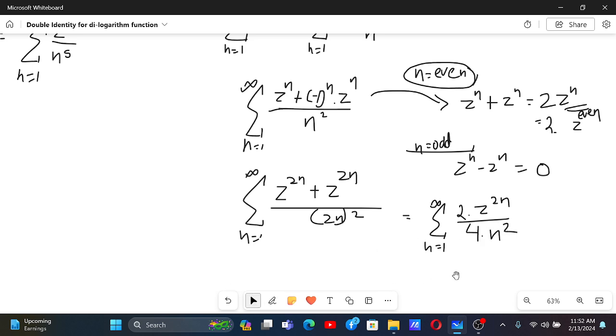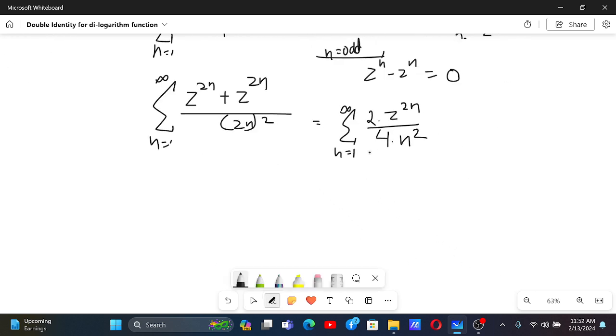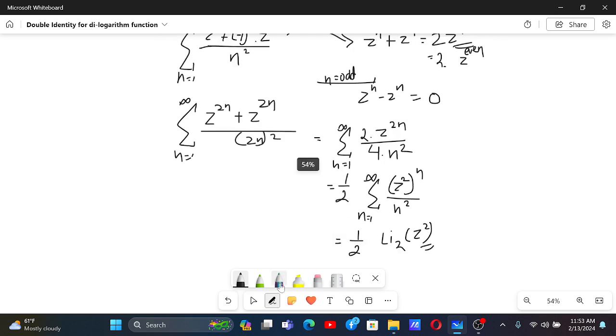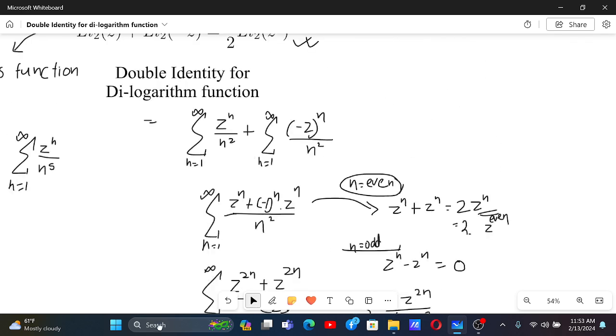That's why this is 1 by 2 times the sum from n equals 1 to infinity of g square to the power n by n square. Now from the definition of the Di-logarithm function, this is just Li, our order is 2 and our input is g square. This is just 1 by 2 Li_2 of g square, and that is what we had to prove.